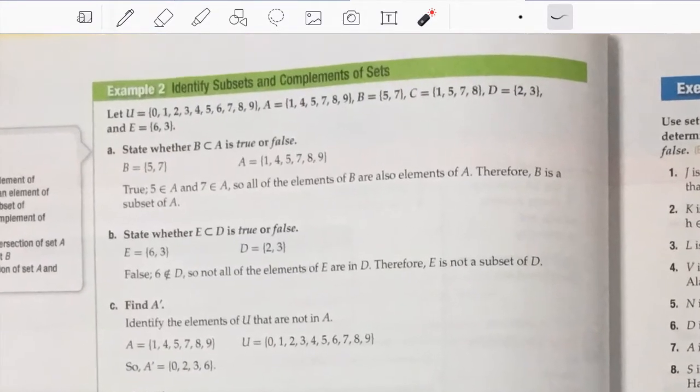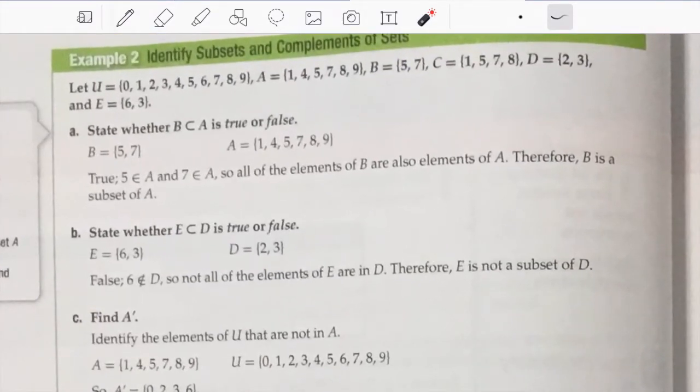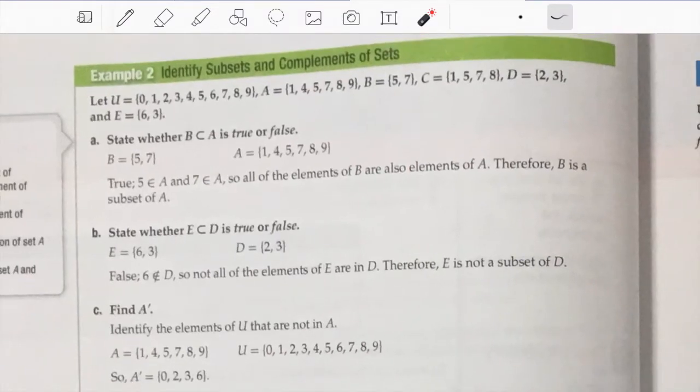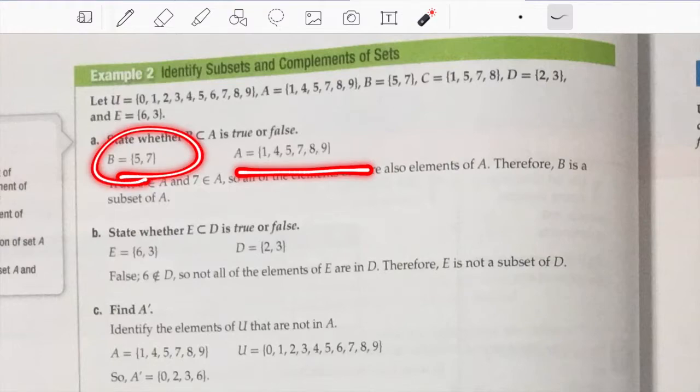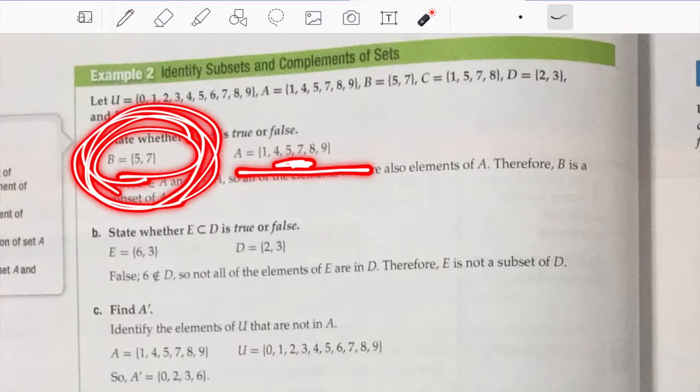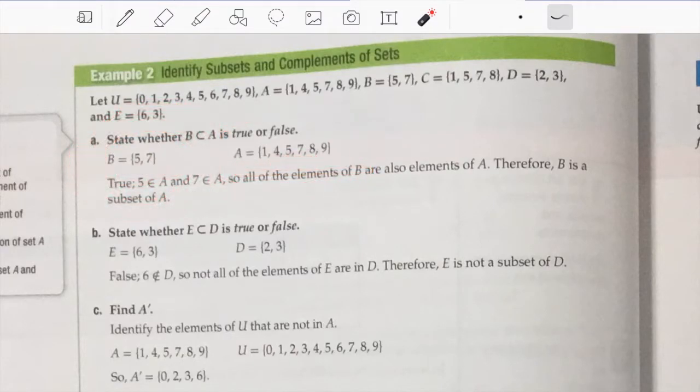For this first one, state whether B is a subset of A is true or false. Well, A is 1, 4, 5, 7, 8, 9. They're saying B is 5, 7. Well, 5, 7 is in A, so B is a subset. It is a smaller group taken out of our bigger group, so that would be a true statement.